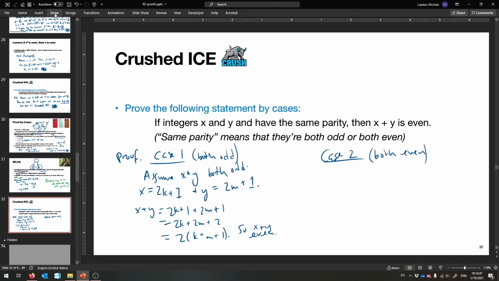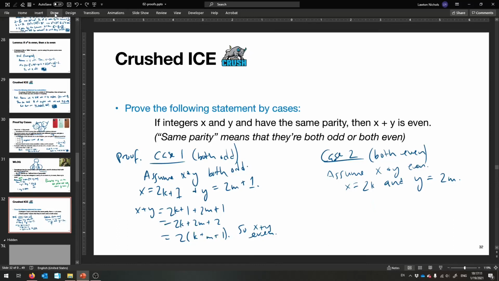All right, case 2, assume that they're both even. That means x equals 2 times k, and y equals 2 times m for some other integer. It doesn't have to be the same one. It could be the same one, but it's like existential. You're instantiating an existential variable.